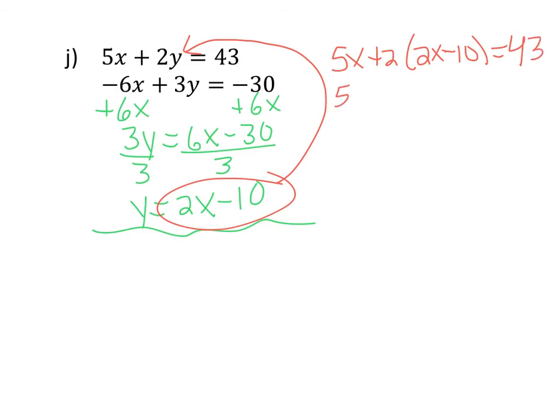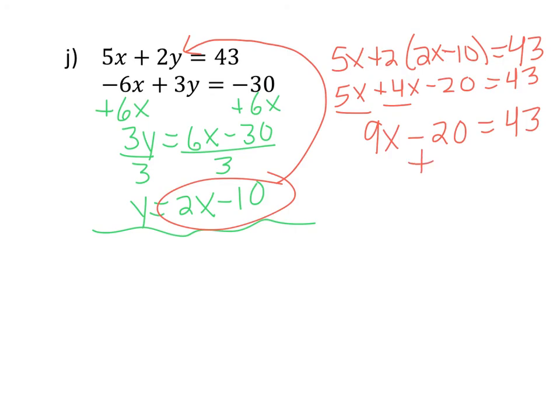Distribute the 2. 5x plus 4x minus 20 equals 43. Combine like terms. 9x minus 20 equals 43. Add 20 to both sides. 9x equals 63.